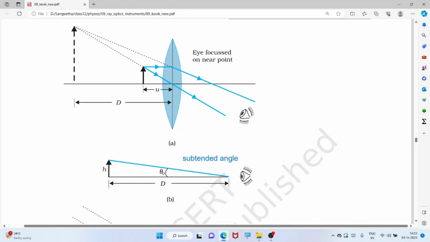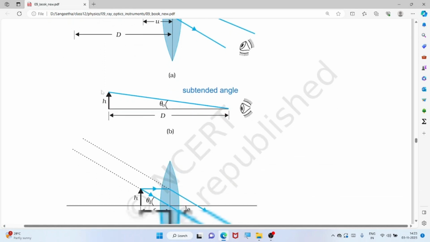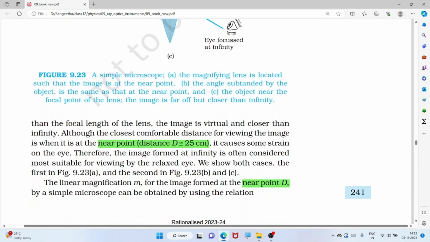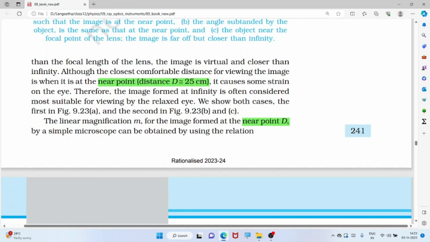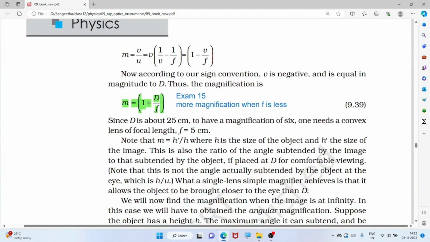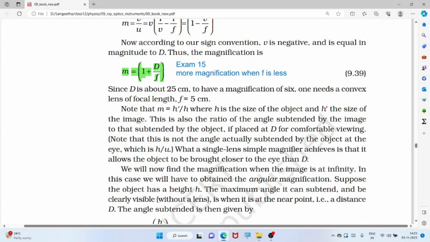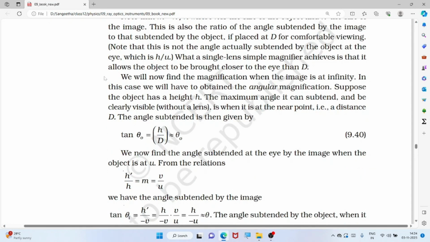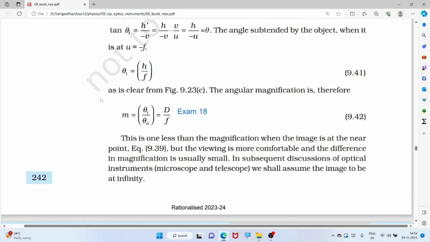This is how the angle is subtended. With the near point distance d, the magnification is 1 plus d by f. So magnification will be more when the focal length is less. This is the angular magnification.